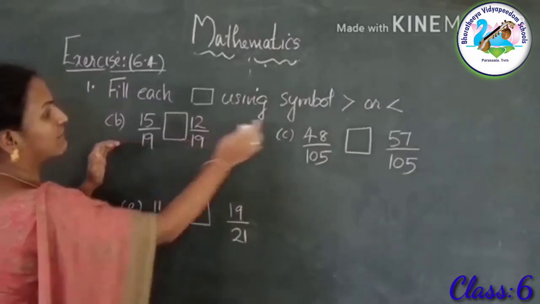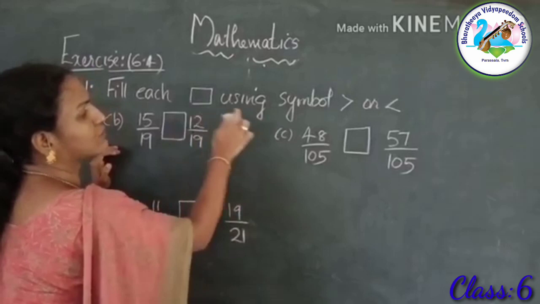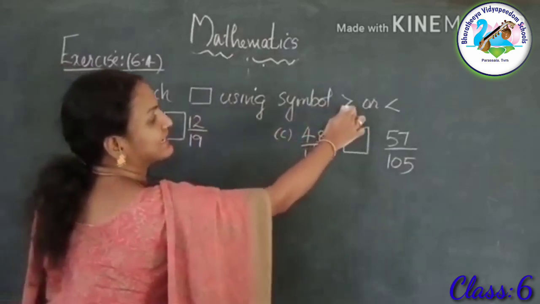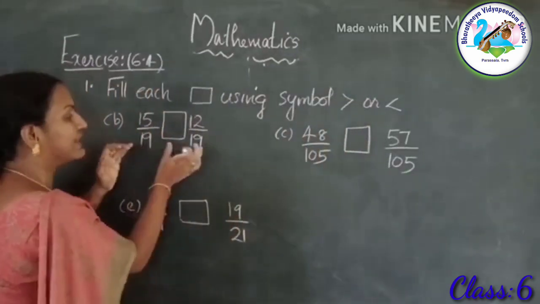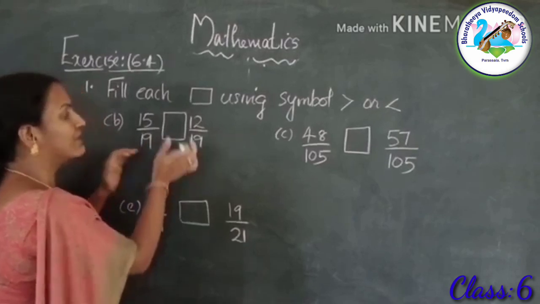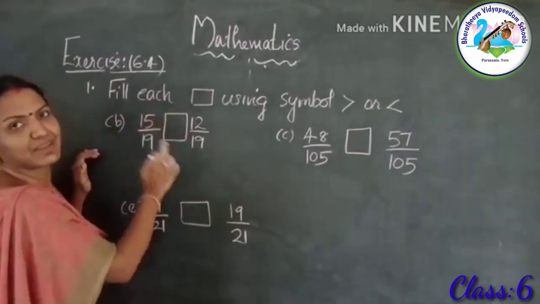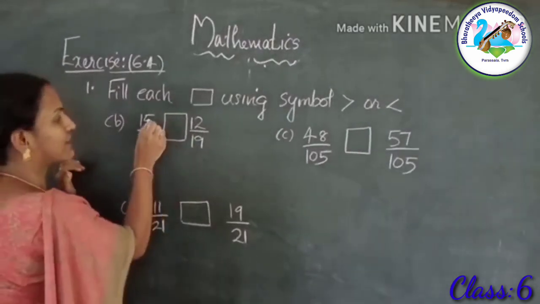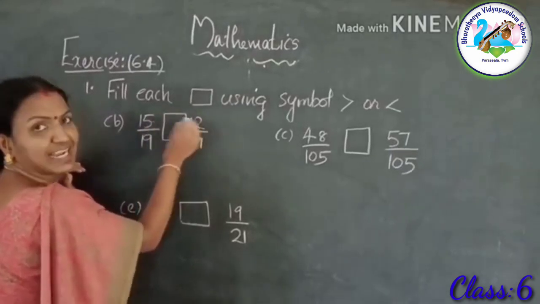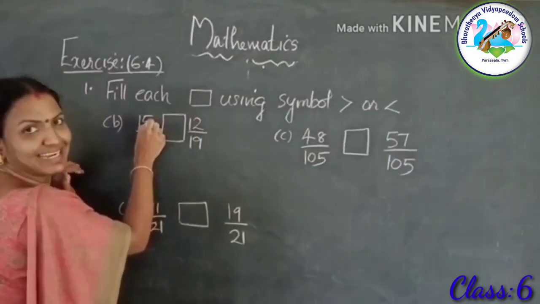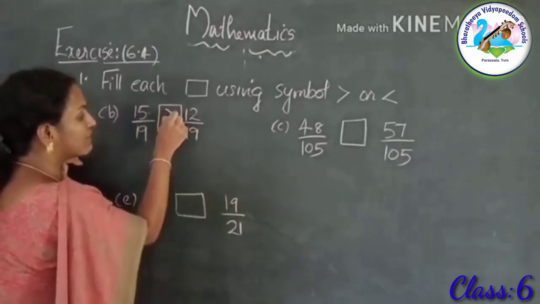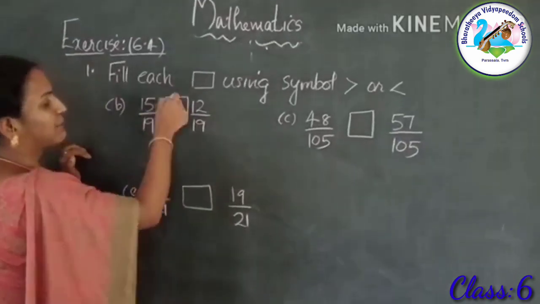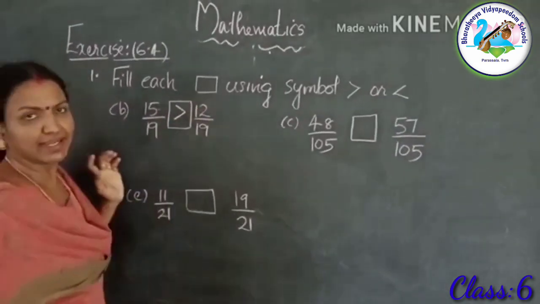Here the denominators are same. So the greater numerator is the greater fraction. Comparing 15 and 12, which is greater? 15 is greater. So 15 by 90 is greater than 12 by 90.